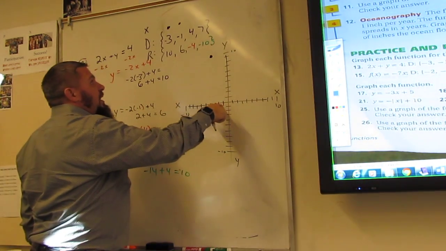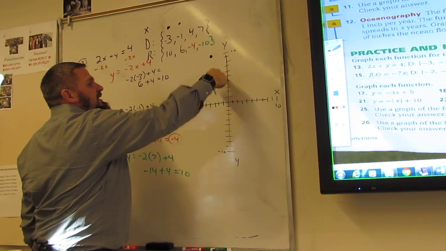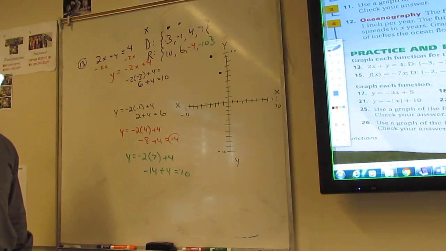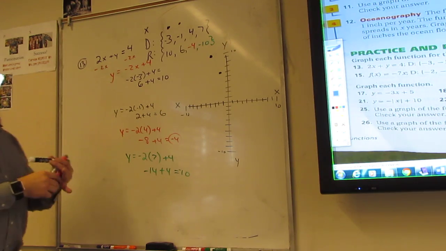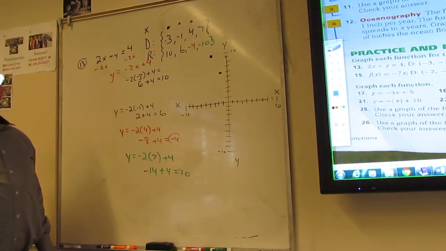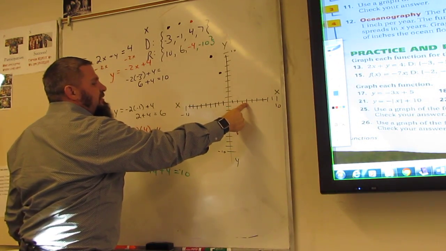Alright, so negative 1 and up 6. 1, 2, 3, 4, 5, 6. And then I'm going to go with the red one. In the red, I'm going to go 4. So 1, 2, 3, 4. And then I'm going to go down 4.